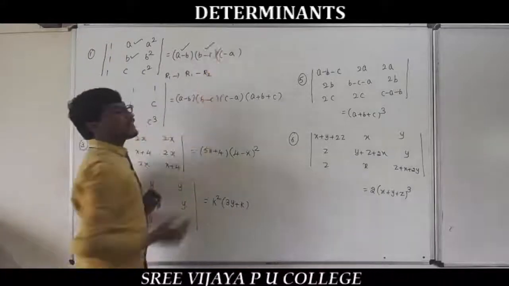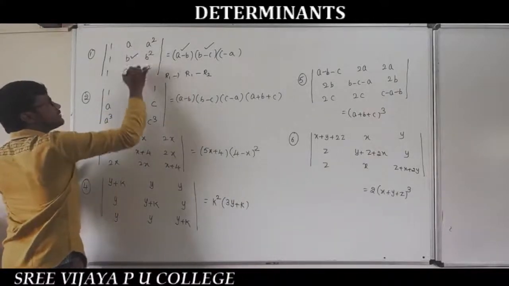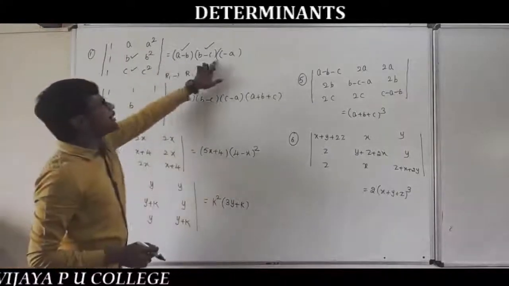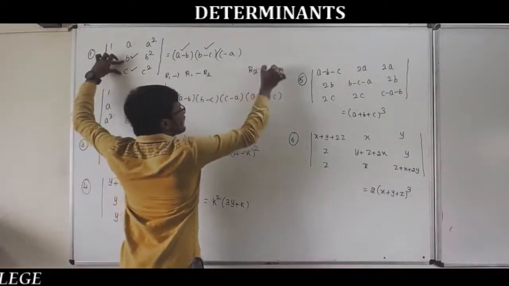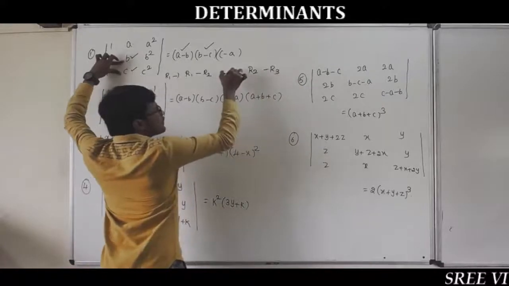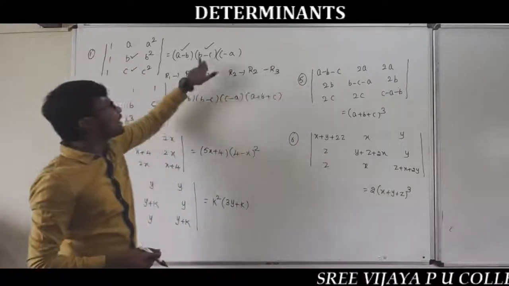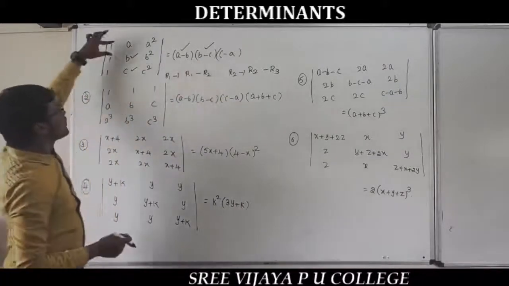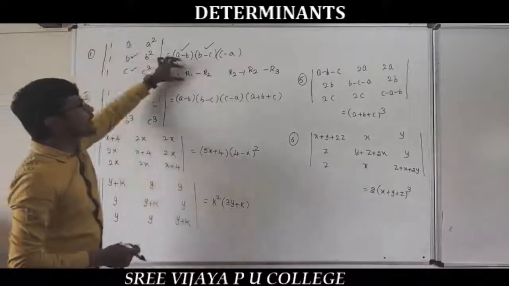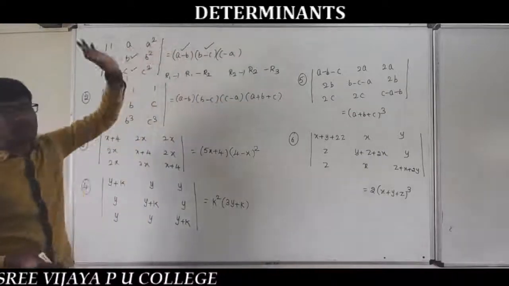To make it b minus c, this is b, this is c, so you can subtract this minus this. b is in the second row and c is in the third row, so you can change it as R2 minus R3. If you subtract R2 minus R3, you will get b minus c. If you subtract R1 minus R2, you will get a minus b. So to get a minus b, apply R1 minus R2, and to get b minus c, apply R2 minus R3. You will get that.